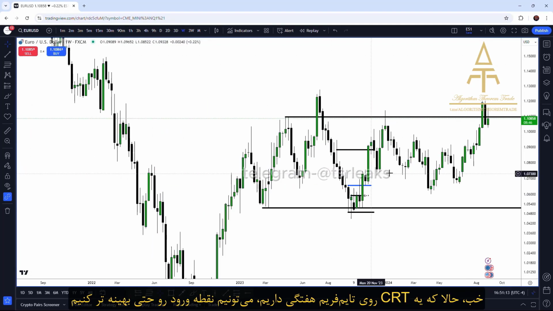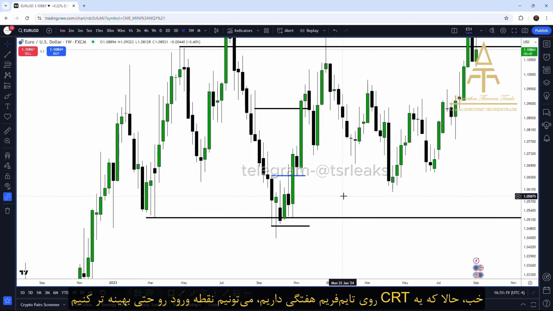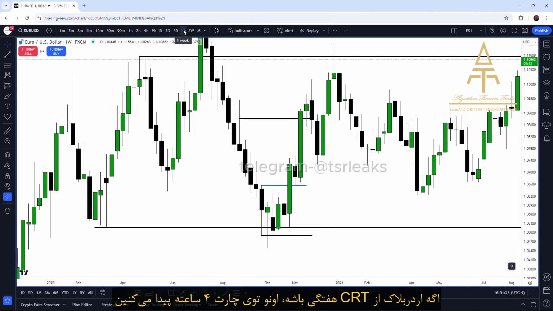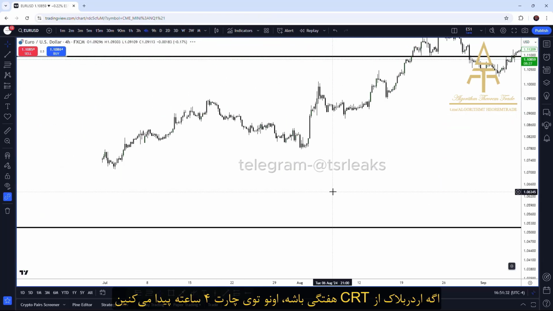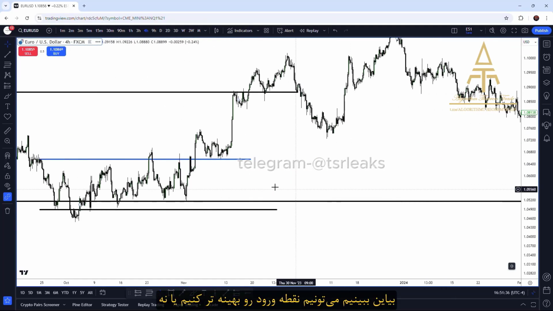Since we have a CRT on a weekly time frame, we can now refine the entry even more. Your order block from a monthly time frame, monthly CRT, comes from a daily chart. Your order block from a weekly CRT comes from a 4-hour chart. Let's go ahead and see if we can refine the entry.